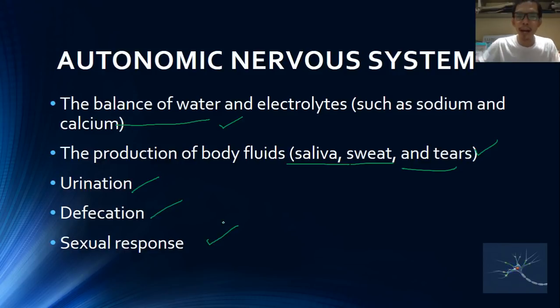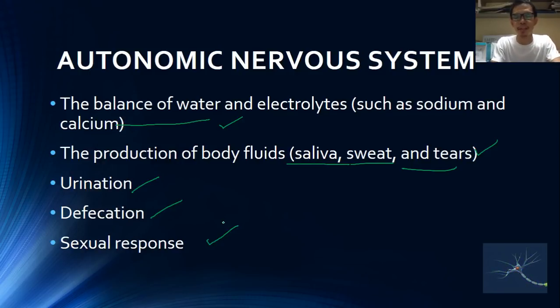The manner in which these body processes are controlled by the autonomic nervous system depends on the situation. If there's an emergency situation, some of these body processes are shut down to give way to other priorities, like the sugar needed by the muscle.